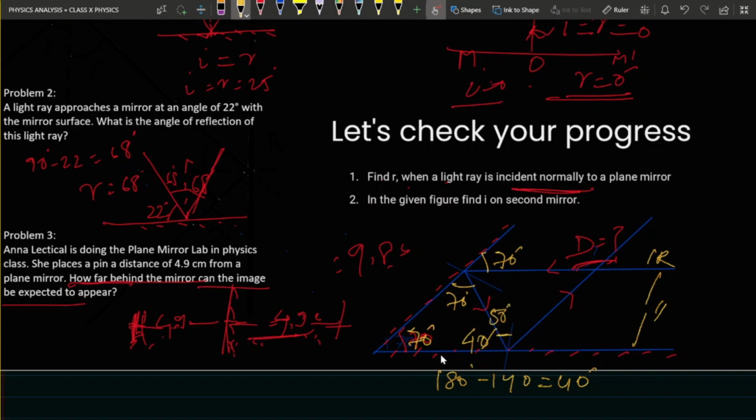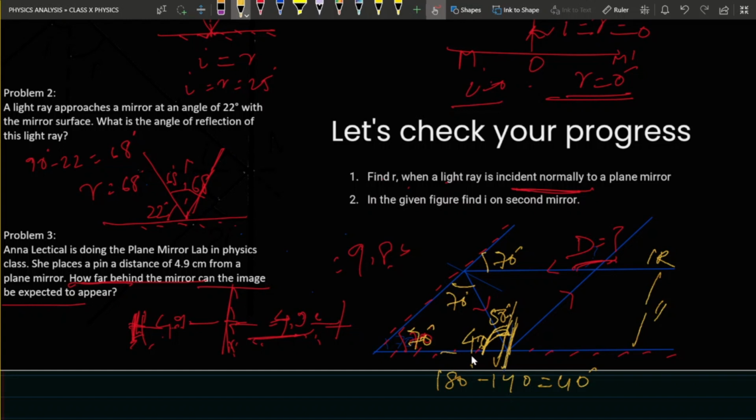Why? Because if this is the plane mirror and this is the normal we consider, then 90 minus 40 will be 50. So if this is 50, then the whole angle will become 40 plus 50, that is 90.